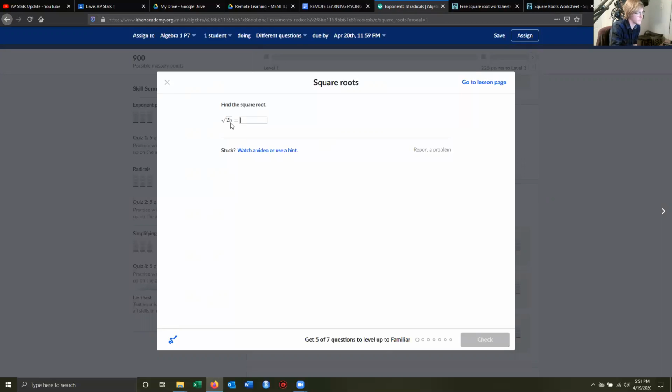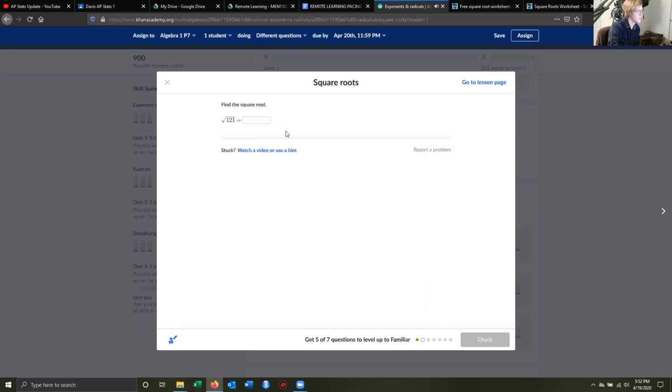Well, the square root of 25, basically that's saying what whole number can you multiply by itself to get 25? 1 times 1 is 1, 2 times 2 is 4, 3 times 3 is 9, 4 times 4 is 16, 5 times 5 is 25, right? So the square root of 25 is 5. And let's find out. Look at that, it's right.